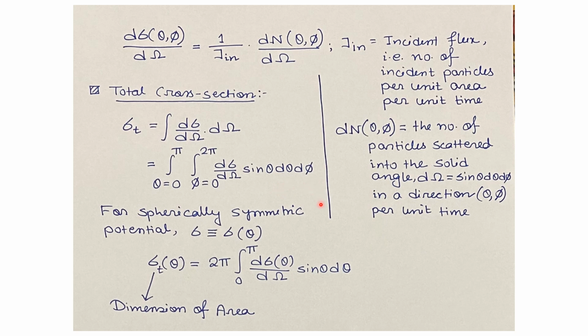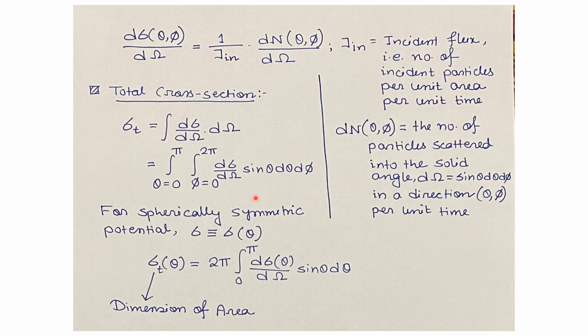Now we will consider a special case. Our scattering potential is spherically symmetric. If we consider our potential is spherically symmetric, then d sigma d omega will be only a function of theta. So d sigma d omega will not depend on the phi term.